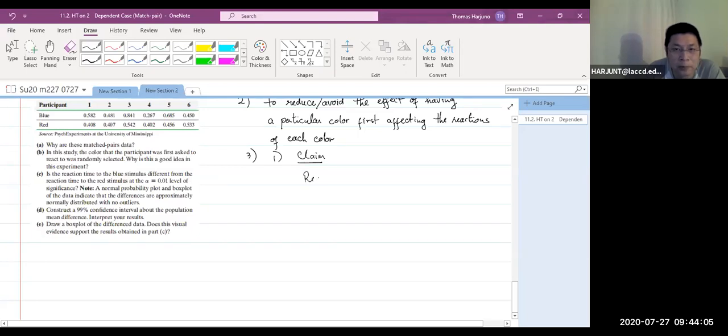Reaction time to the blue stimulus is different from the reaction time to the red stimulus.